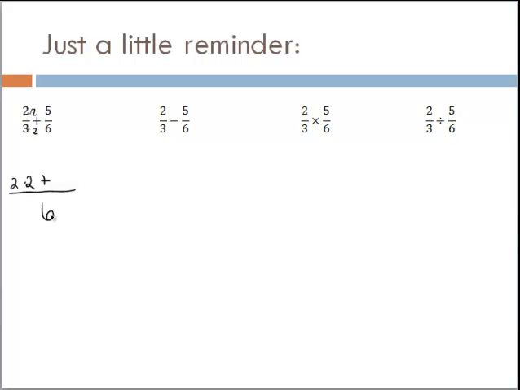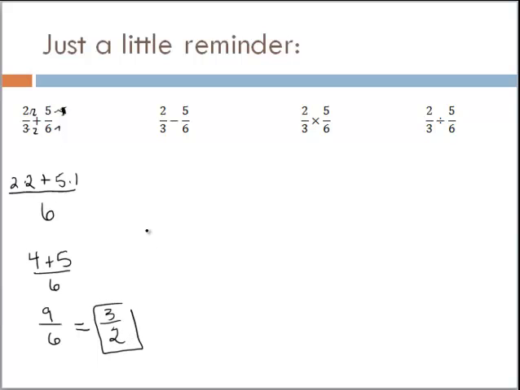What do you multiply by 6 to get 6? You just multiply it by 1. So you do the same thing in the numerator. 5 times 1. Simplify that out, you get 4 plus 5 over 6, which is 9 over 6. You can reduce that. This is equal to 3/2.